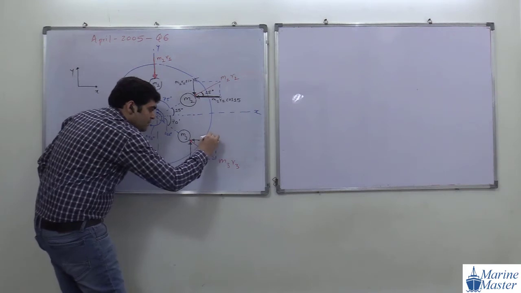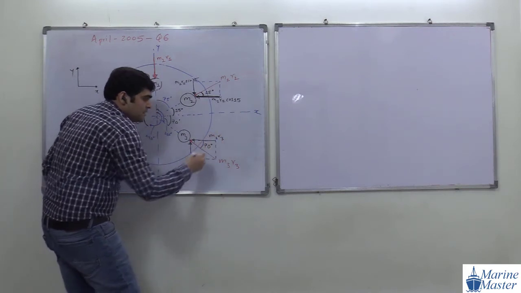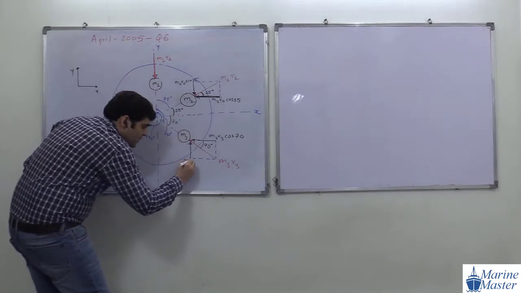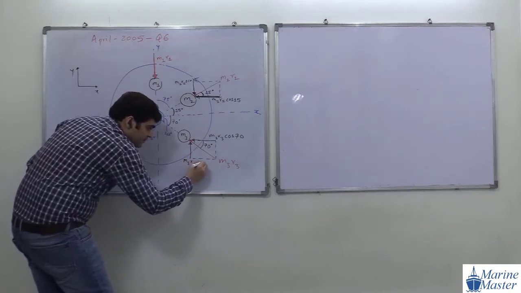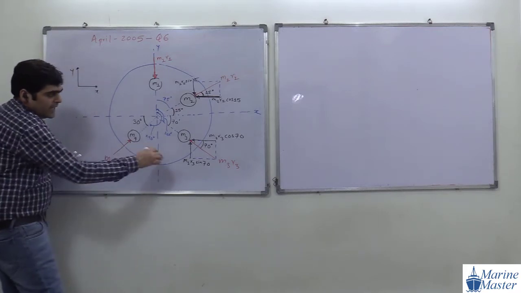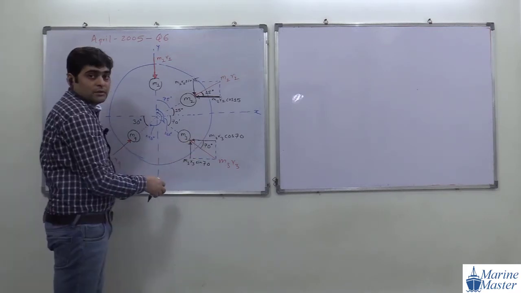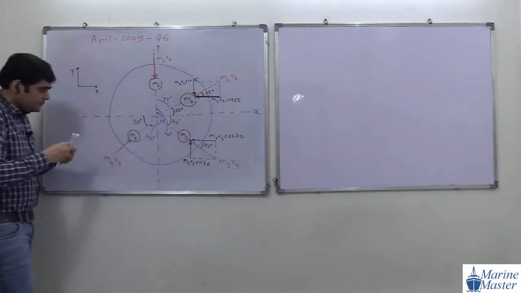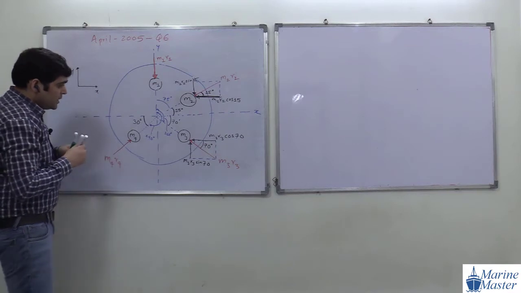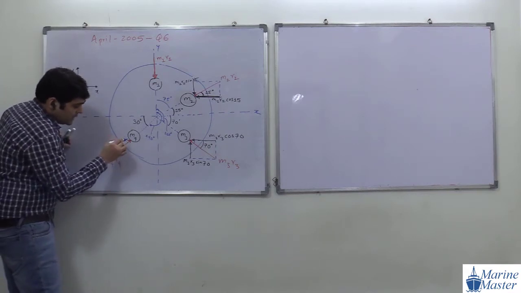So this component will be M3 R3 cos 70, and this component will be M3 R3 sin 70. See the components. Any doubt in this discussion? Okay, good. Don't write anything, don't draw anything while I am writing.